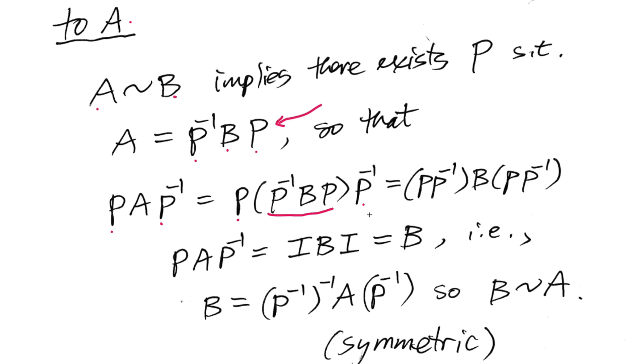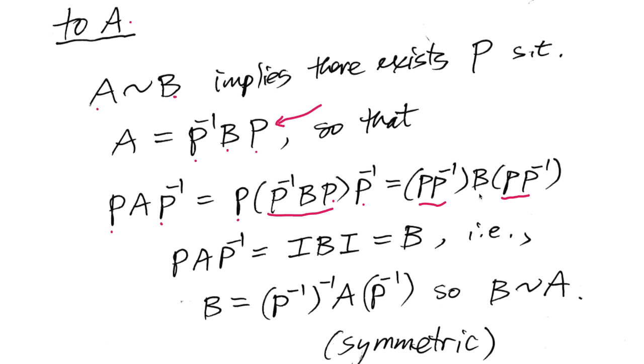Now we have all kinds of wonderful properties with matrix multiplication, such as the associative property. So what I can do is combine the P and the P inverse in front here, so I will block those off with parentheses, and I'll put the P and the P inverse at the end together too with parentheses.